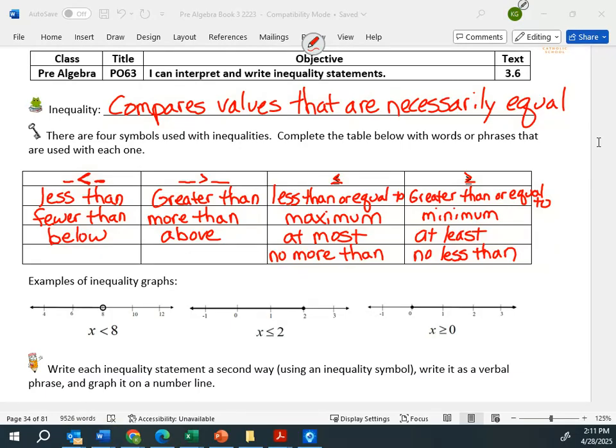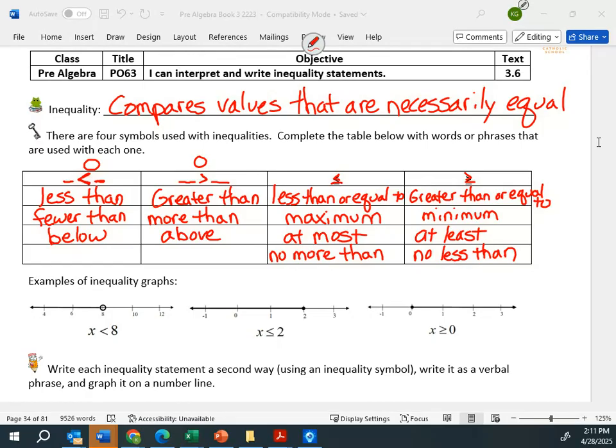Now, when we graph these inequalities, there are certain ways that we graph it. If it is less than or greater than, but not equal to, we do open circles to represent that it cannot actually be this number, but it has to be a number less than it or a number greater than it.